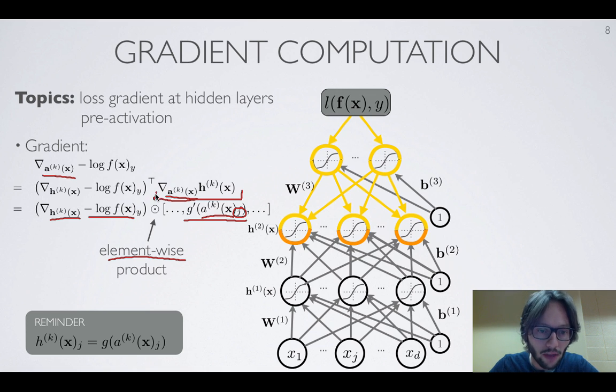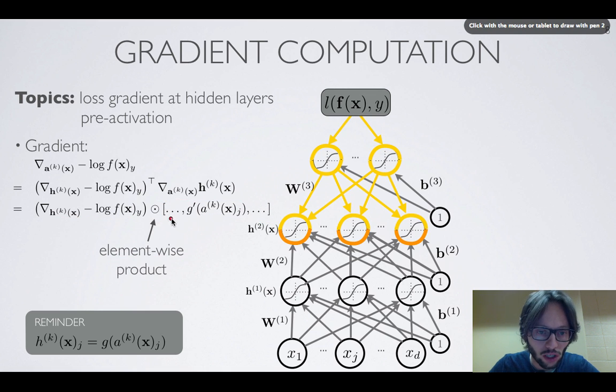I also want to talk about this to justify the notation I used. I wrote a somewhat strange notation, constructing a vector where all elements are the derivative of the activation function, and that's because this here is not equal to that.